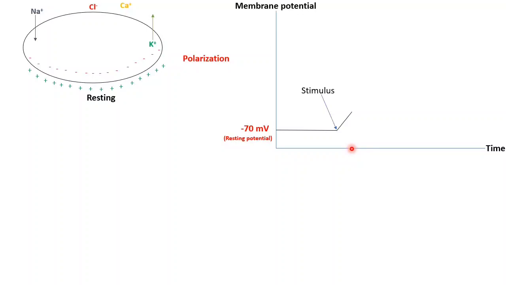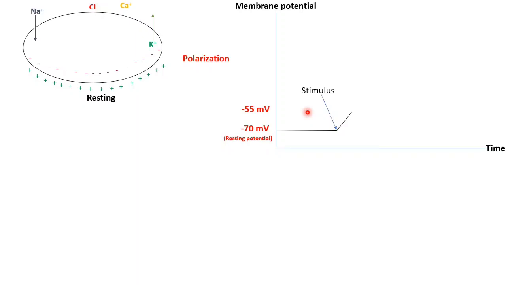Okay, so the membrane potential becomes negative 55 millivolt.